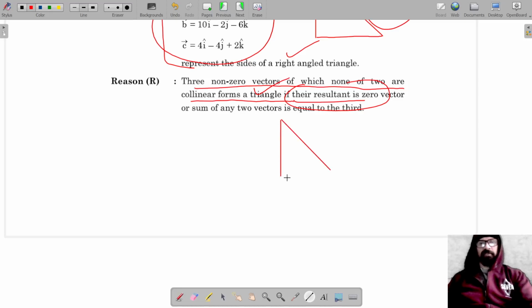So let's say this is the triangle with vertices A, B, and C. AB is represented by vector A, BC is represented by vector B, and AC is represented by vector C. Okay, now these are the sides.